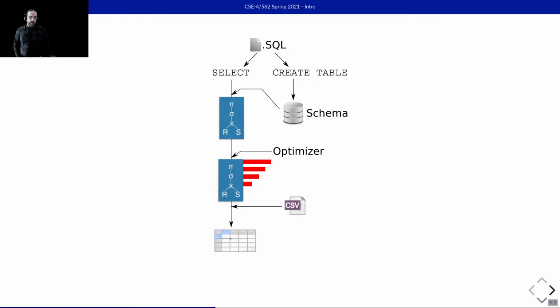We'll be working with an optimizer that is sort of stateless. It doesn't really need to know anything about the data. There are often some transformations that just work regardless of query, things you can do that just make queries faster, period. And we'll talk about those in class.